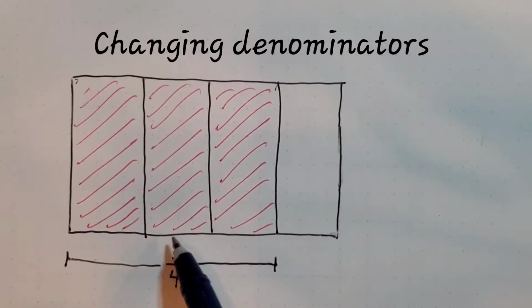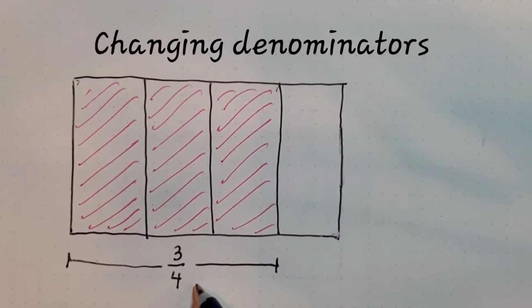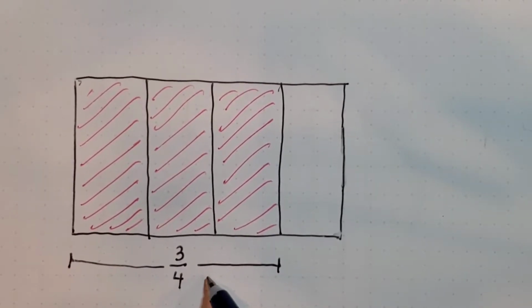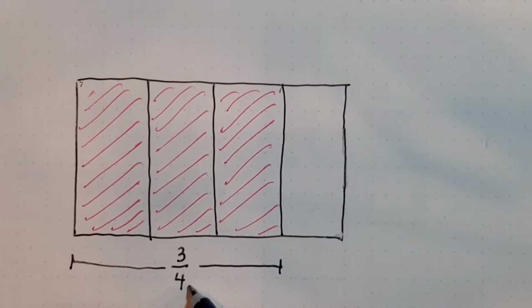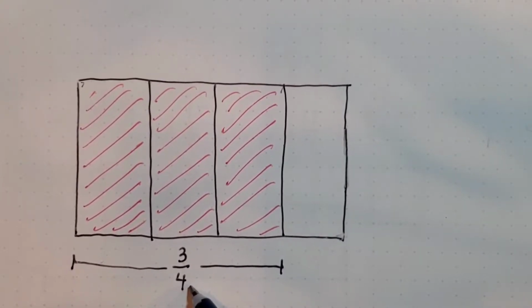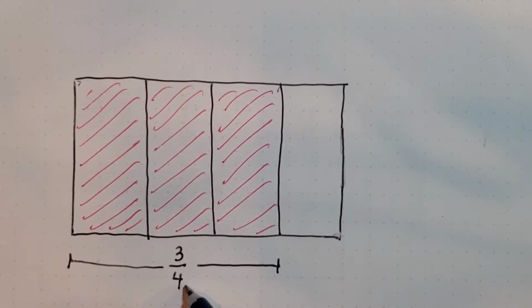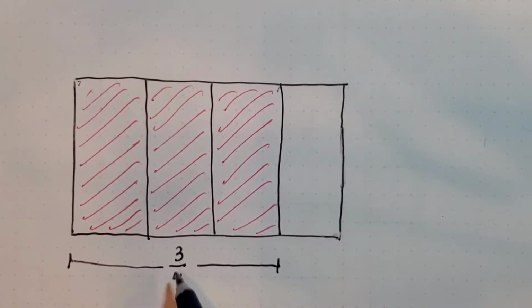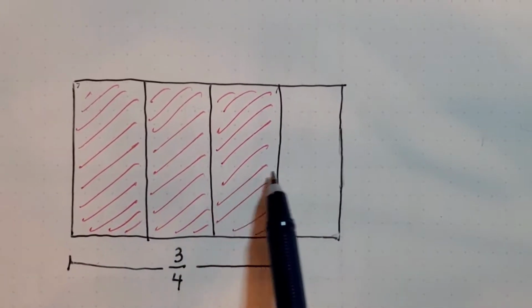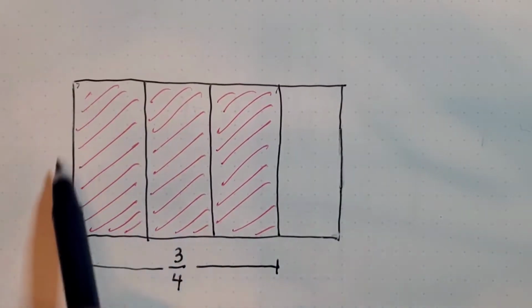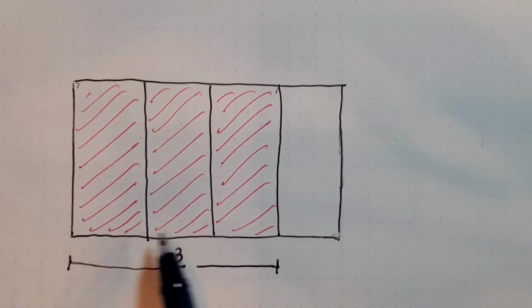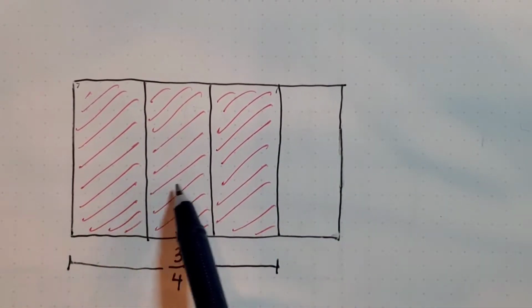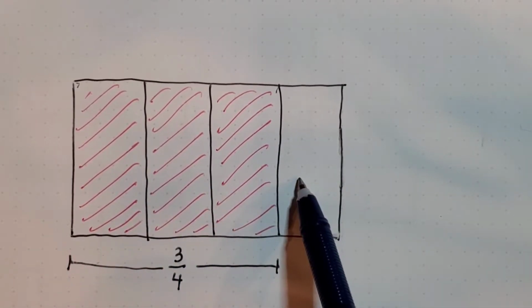Suppose I start with 3/4. And I want to write an equivalent fraction, but instead of having a denominator of 4, I want a denominator of 8. And in order to do that, we need to remember, what does this 4 mean? It means that I have 4 equal sized pieces that are cutting up this whole. In other words, each of these pieces is 1/4.